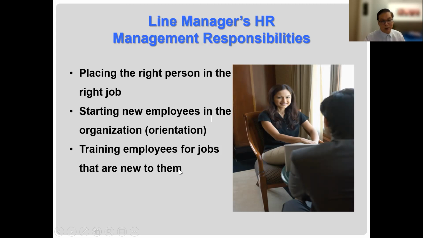Training employees. Who's the best person to train them? Of course, the immediate superior and the immediate managers in the unit or the department. It will never be the HR managers.